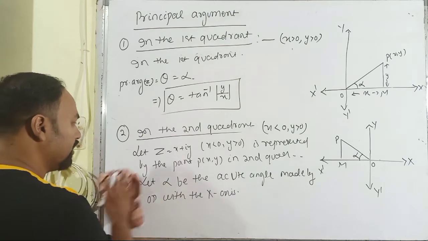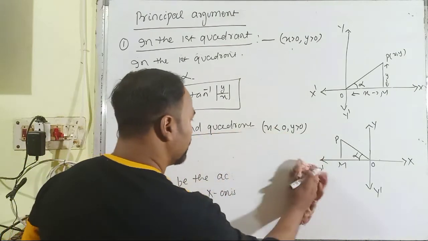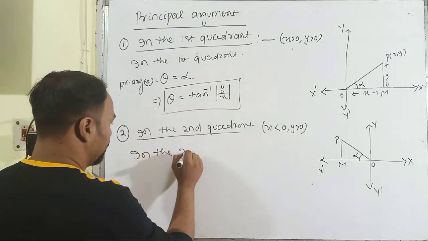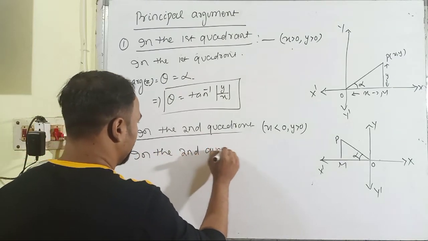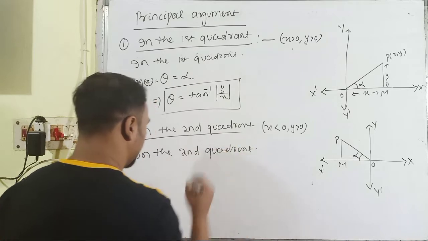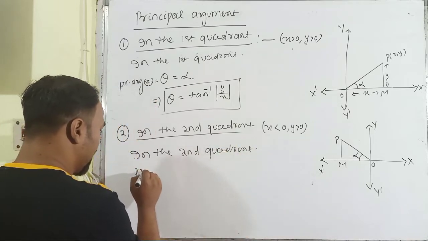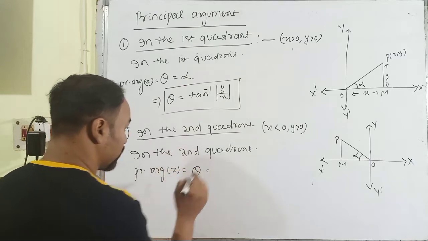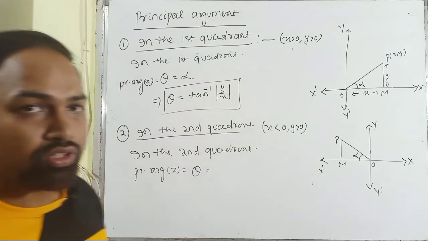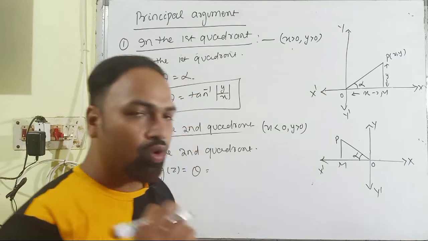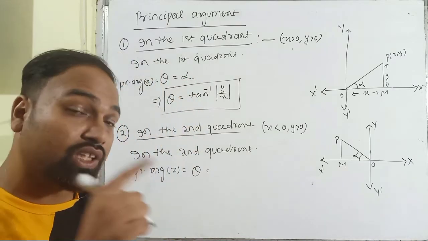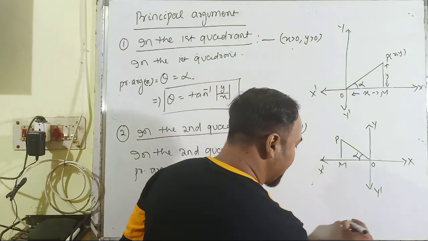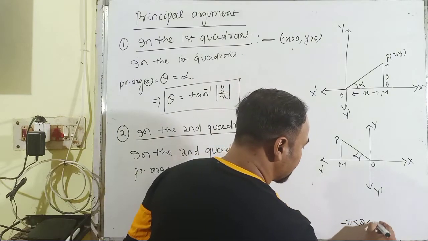So here in the second quadrant, for the principal argument of z, theta, we just have to find out the rotation that OP makes from the positive direction of the x-axis. Again, it must satisfy minus pi less than theta less than or equal to pi.